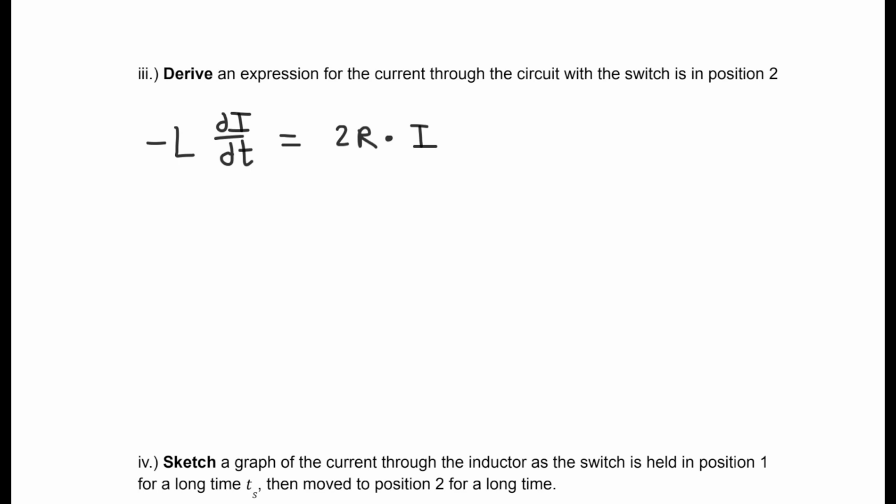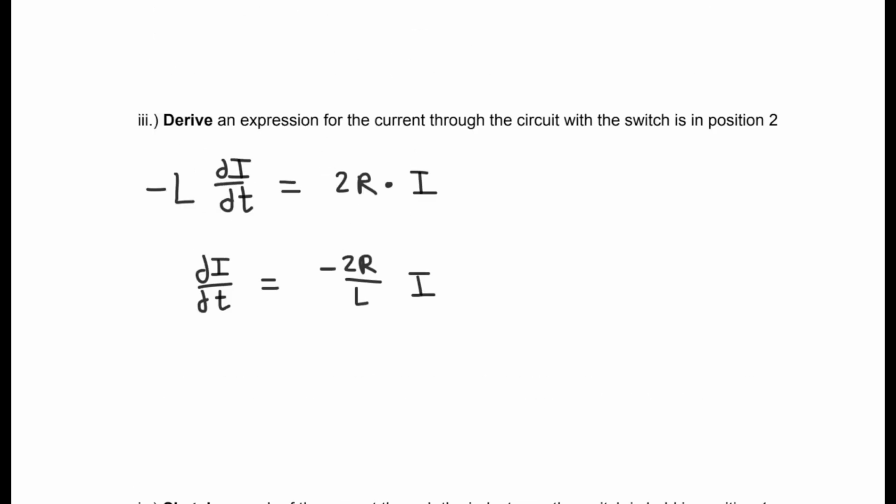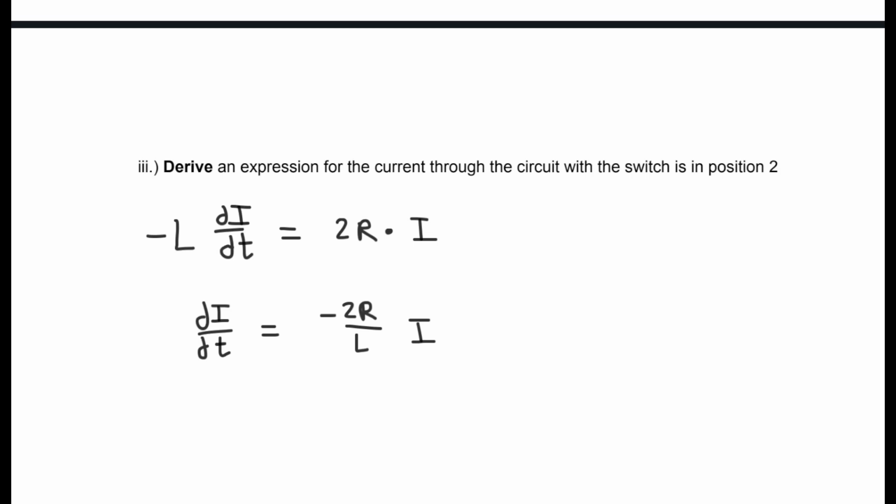If we get everything solved for di/dt, we could write di/dt is equal to negative 2R divided by L times I. So we're just asking what function is equal to this constant, negative 2R over L, times itself. And we know that that's actually just an exponential relationship with some constant that's defined as the initial value.